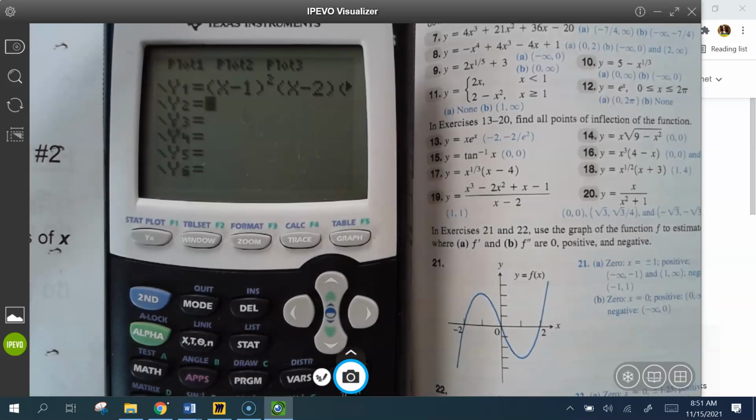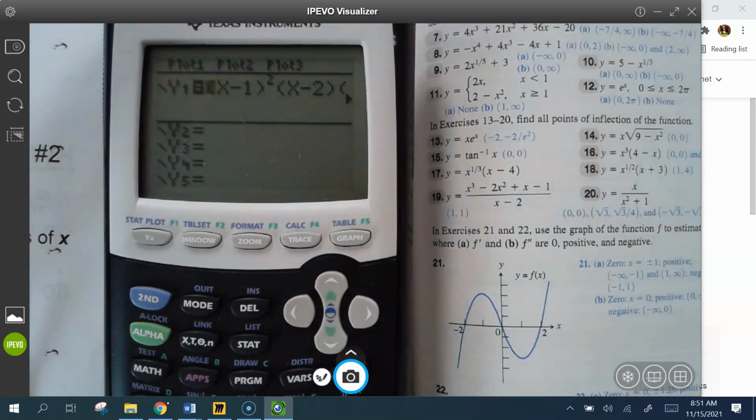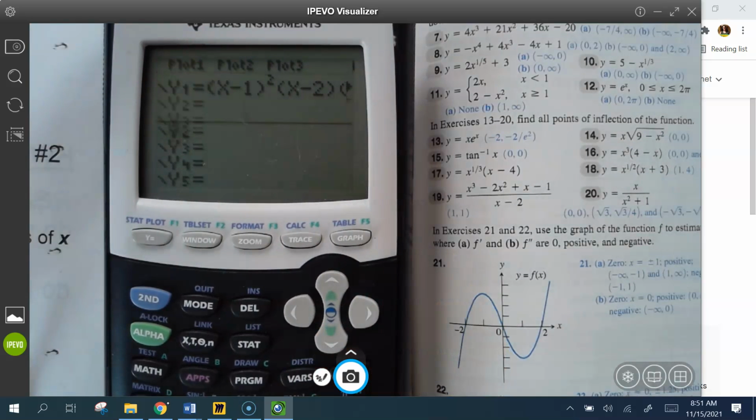When you're in y equals, you can type in the equation that you need, and I'll show you how to call it back up. I can hit the equal sign and unhighlight it so it's not graphing. If I want to graph other things while I'm in there, I can look at them, and that's not impacting my graph. See how it's highlighted black now? If it's highlighted black, it's on. If it's not highlighted black, it's off.